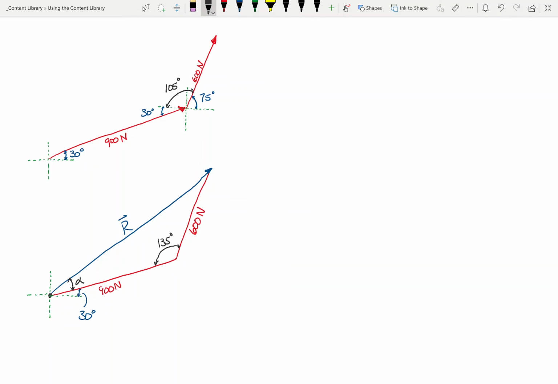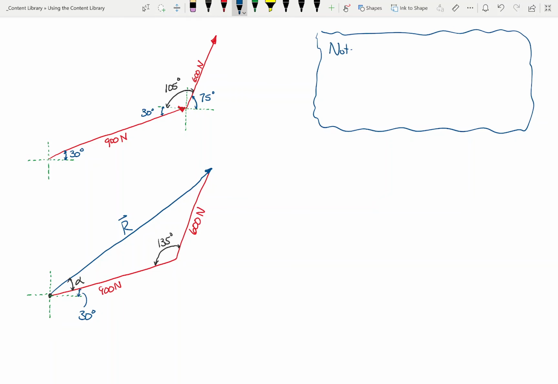Because here's the triangle, my little thought bubble here. We have a triangle. We know this, we know this, we know this, and we're trying to find that, right?